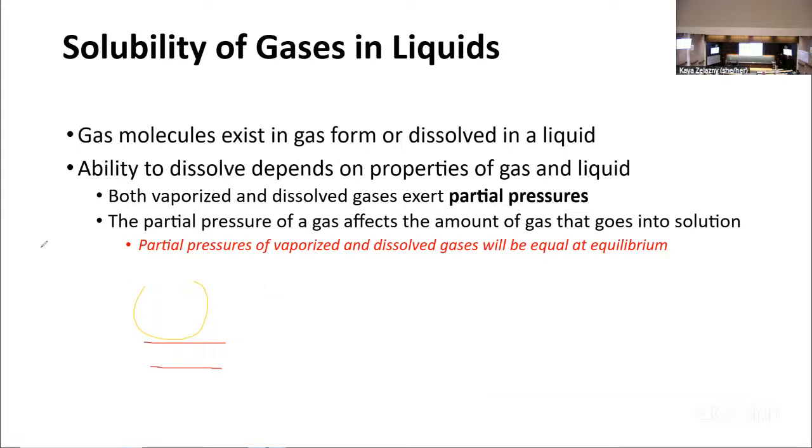We're going to be able to measure partial pressures. But things are going to move in and out until they come to equilibrium. So whatever our partial pressure of oxygen is in the alveolar air, we're going to eventually reach equilibrium with the partial pressure in the blood. However, we need to shift it. And same thing for our carbon dioxide.